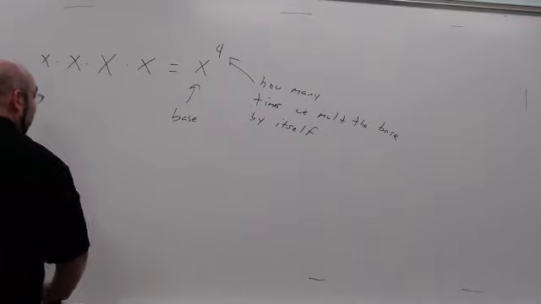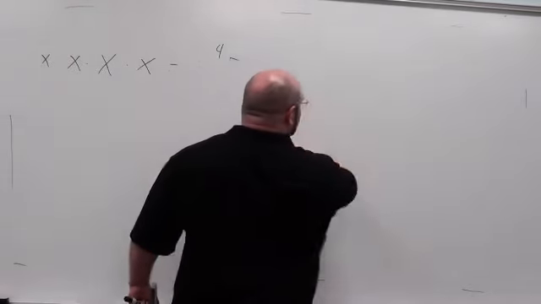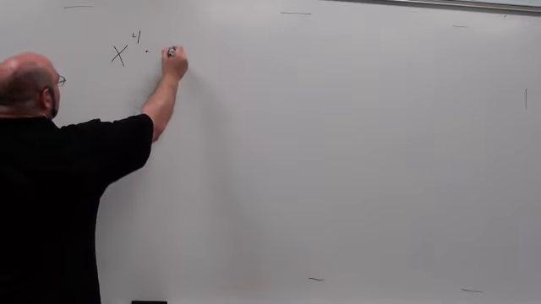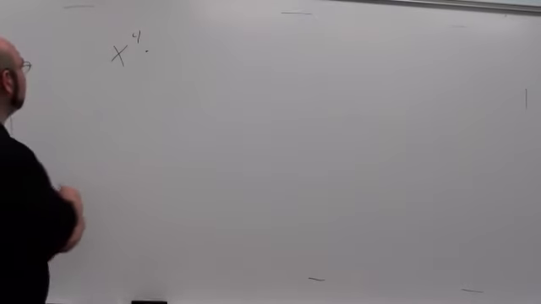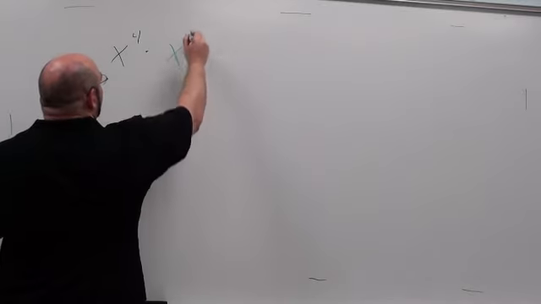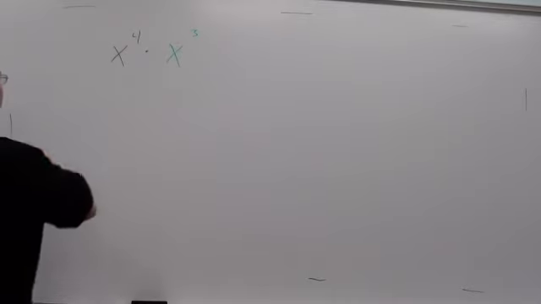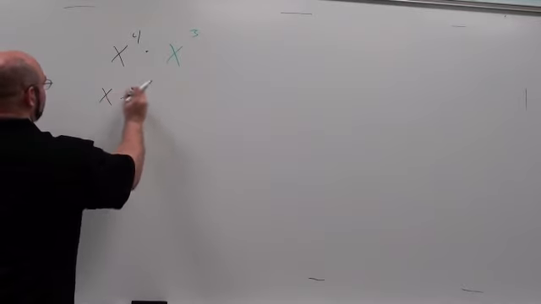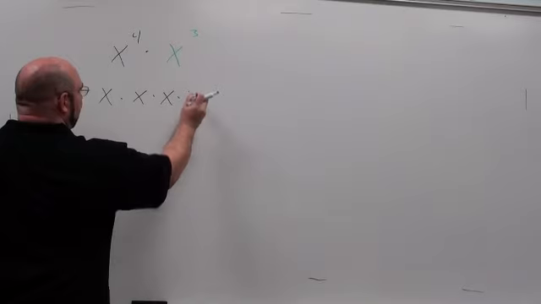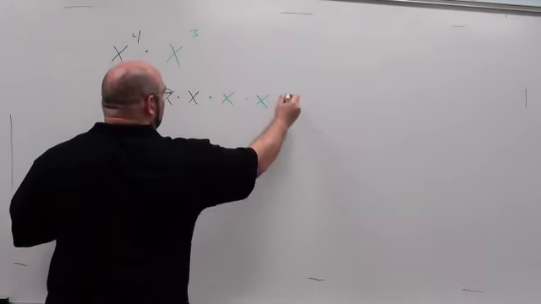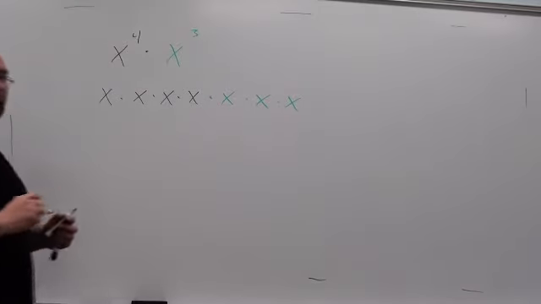Now, x to the 4 times x cubed. If we take this, essentially we have x times x times x times x times our other x's.